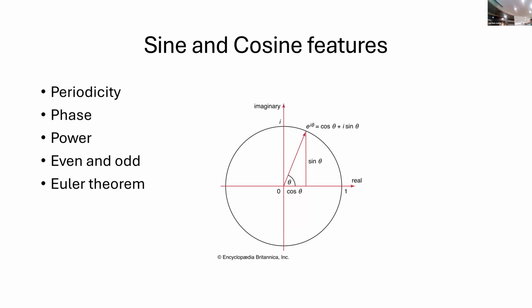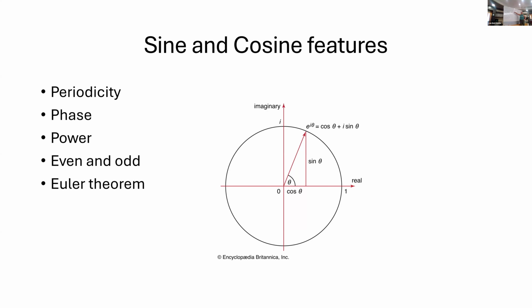And sine of theta: what happens when we subtract between them? So we had e^(i theta) minus e^(-i theta).